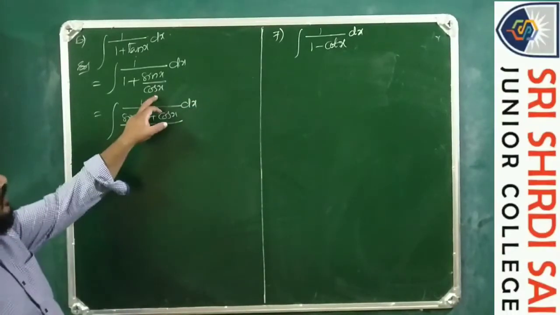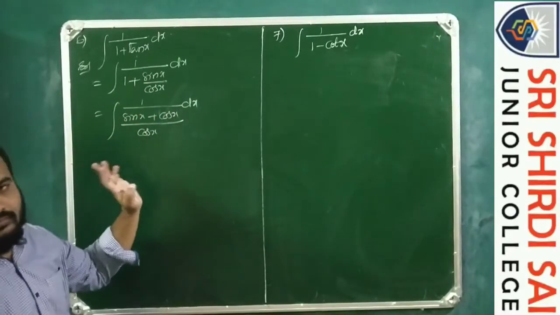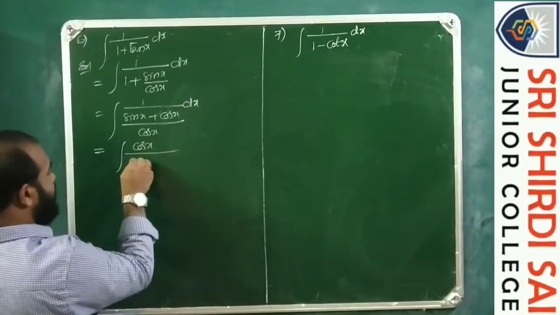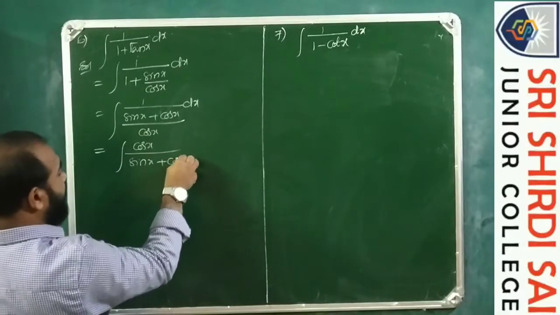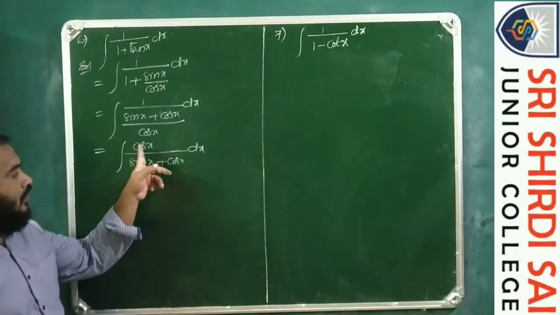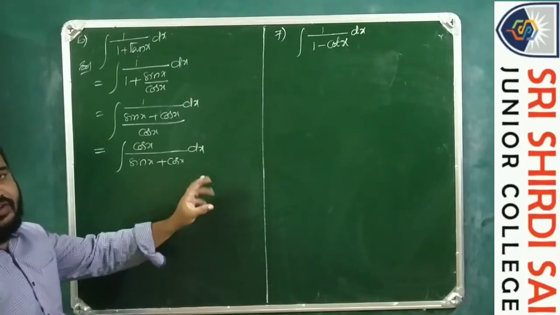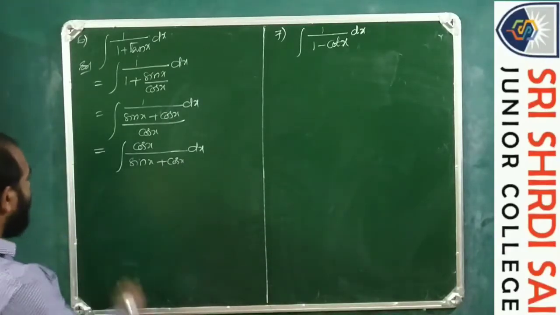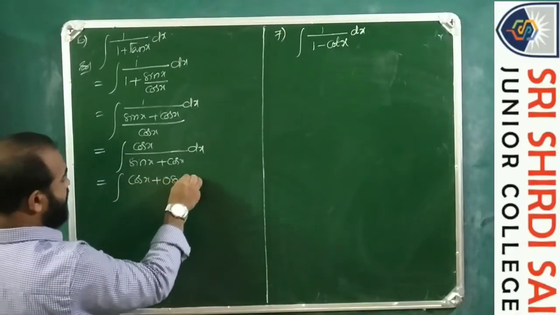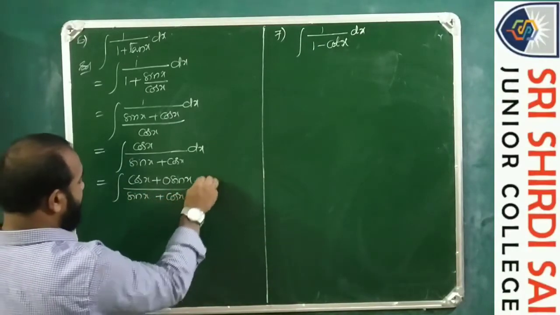Here the LCM I have taken as cos x, so this is equal to cos x by sin x plus cos x dx. So here it is of the form a sin x plus b cos x by c sin x plus d cos x, which we have discussed before in the methods. So this can be written as cos x plus 0 sin x by sin x plus cos x dx.